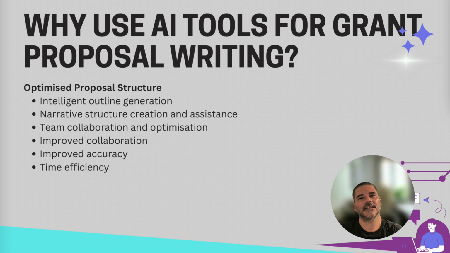It can create a more interesting way of creating the content for the proposal, and it allows you to think more strategically in this competitive environment where you're submitting grants and you know that maybe there are thousands of other organizations or grant writers submitting for the same grants. So there's a bunch of reasons why it's useful for optimizing your proposal structure.